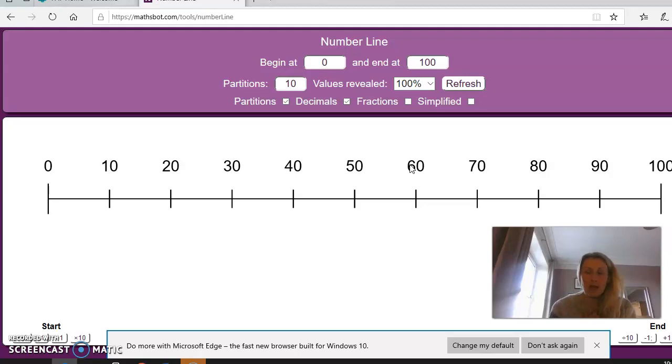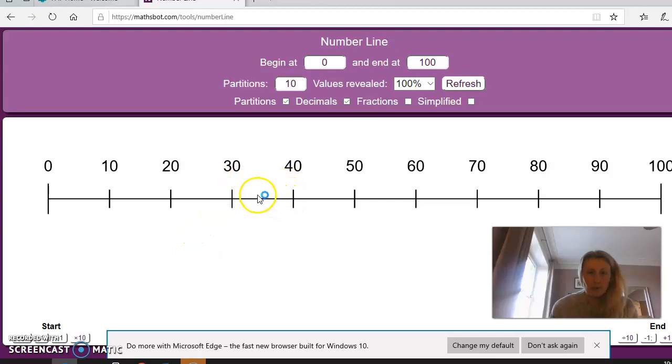So I'm going to tell you a number, and when you find that number, you're going to tell me which tens are between that number. So if Mrs. Cochran said to you, can you find number 35? You need to estimate where you would put 35 on that number line.